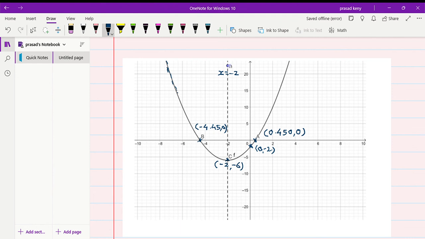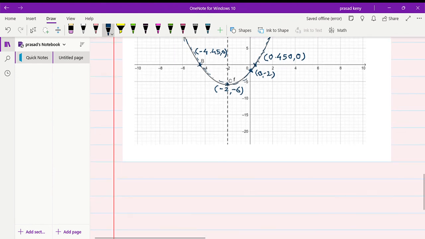So a free-handed curve that will pass through all these points here. And obviously this is your sketch, so it may not be exactly according to the scale, but this is how the graph should look. And a vertical line that will pass through the vertex will be the axis of symmetry, and in this case the equation of the axis of symmetry is x is equal to -2.